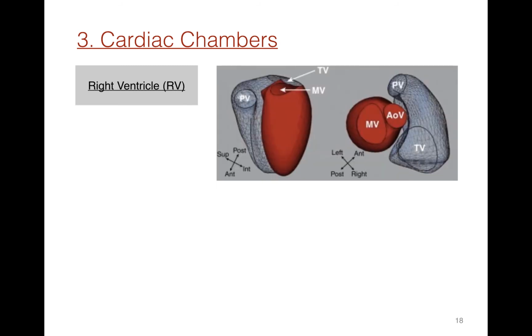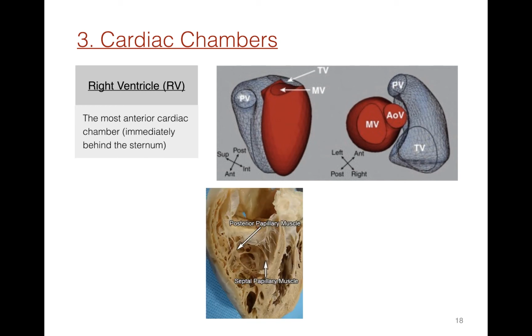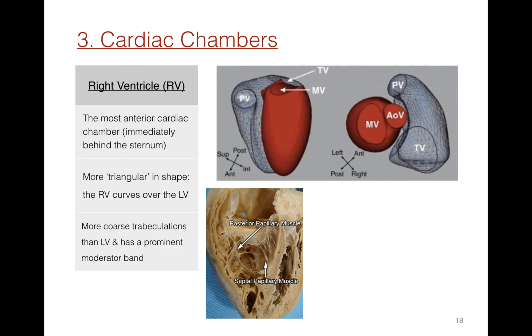So, the right ventricle. The right ventricle, as we said, is the most anterior of the ventricles and in fact the most anterior cardiac chamber, and sits immediately behind the sternum. Compared to the left ventricle, it's more triangular in shape. It curves around and almost hugs, you would say, the left ventricle.